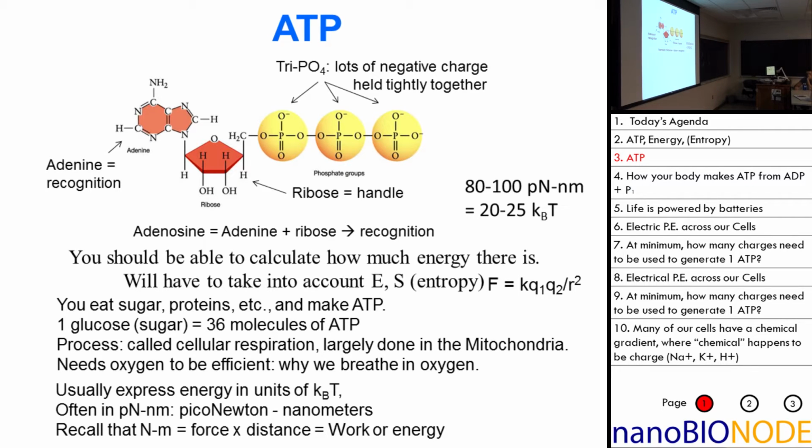The answer is, in fact, it walks 8.3 nanometers. So this times this is what? 56 plus 2, so that's like 58 piconewton nanometers is the actual work done.